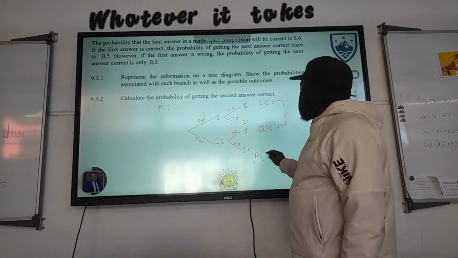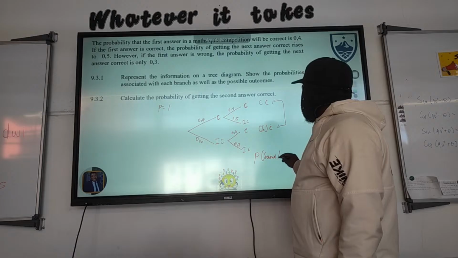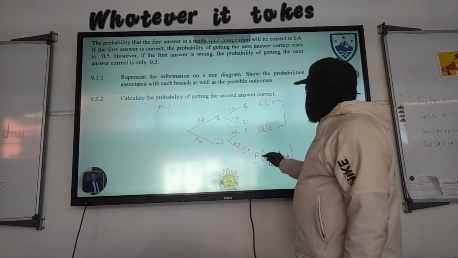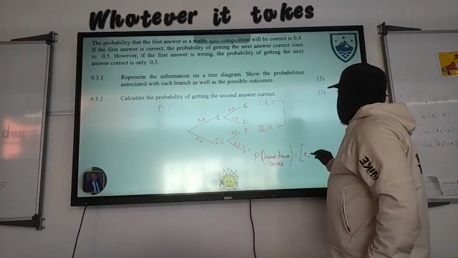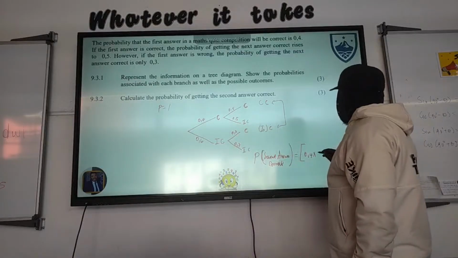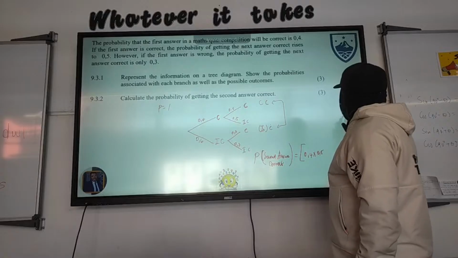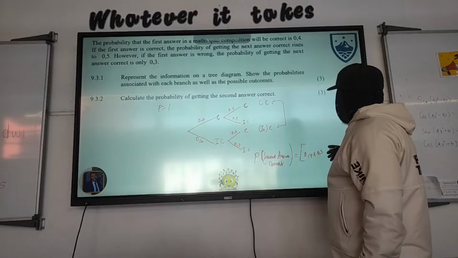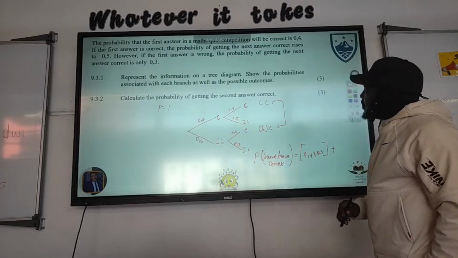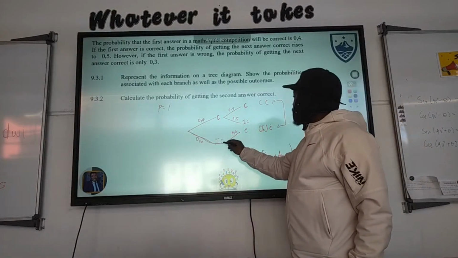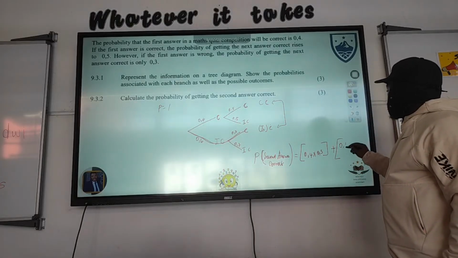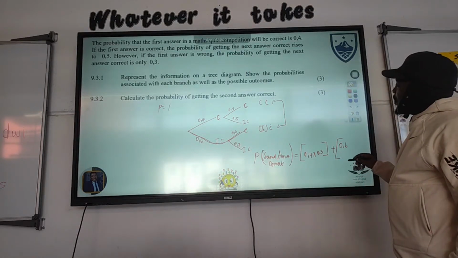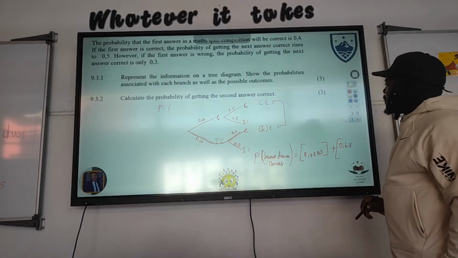So the probability of getting the second answer correct will be moving along the branch, 0.4 multiplied by 0.5, and then plus, when we come to this branch, because we just want the second answer to be correct regardless of what we got on the first answer, 0.6 multiplied by 0.3.